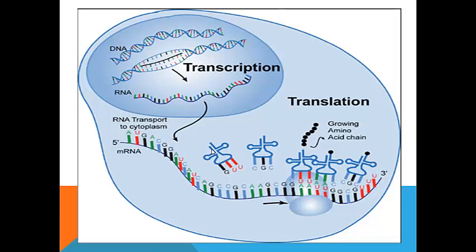Most of these triplets are codes for specific amino acids. Once the proteins are complete, the messenger RNA, ribosome, and protein separate, and the protein is released into the cytoplasm. If not used in the cytoplasm, the protein is sent to the Golgi apparatus to be packaged and released throughout the body.